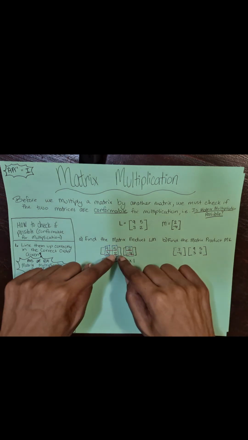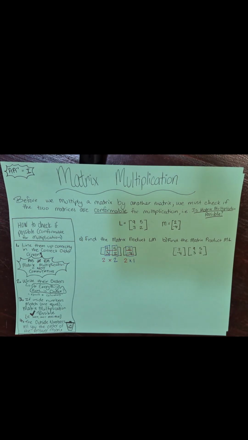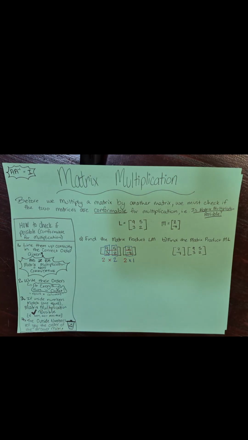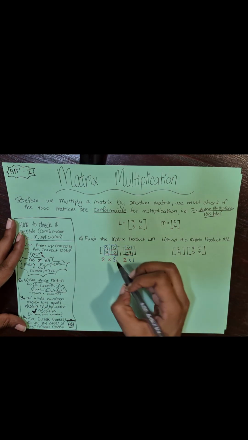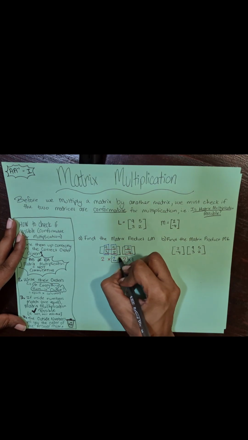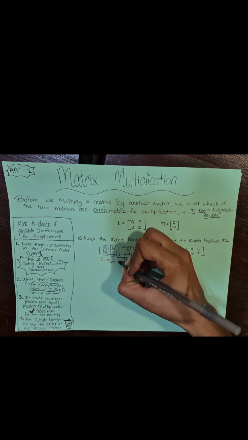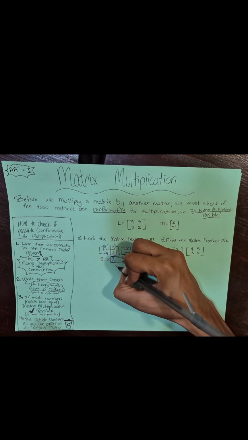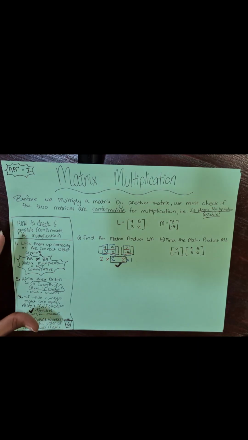You have to write them in the correct order and then still write their actual orders underneath. If the inside numbers match, then that means the matrix multiplication is possible. So these two match, so this is possible.